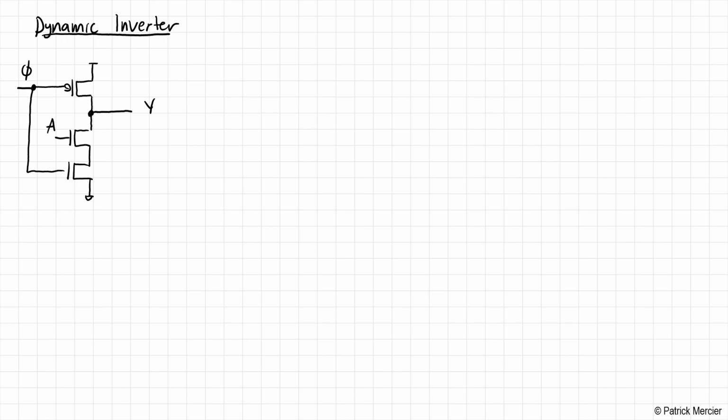Now, the best way to understand how this dynamic inverter works, and frankly, the best way to understand any dynamic logic circuit, is to draw a timing diagram. So get used to drawing timing diagrams because we are going to be doing it all the time. First, we'll start with clock phi. It'll look something like this, goes high for a little while, then low, high, low.